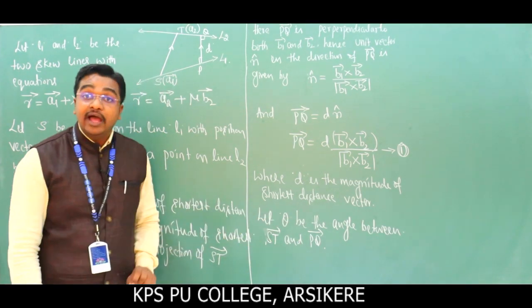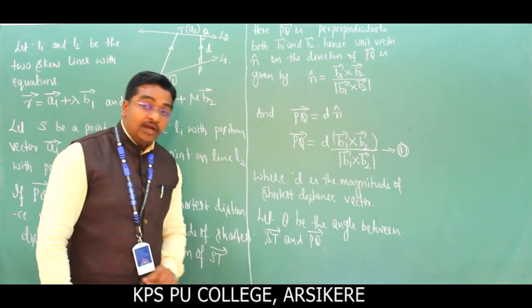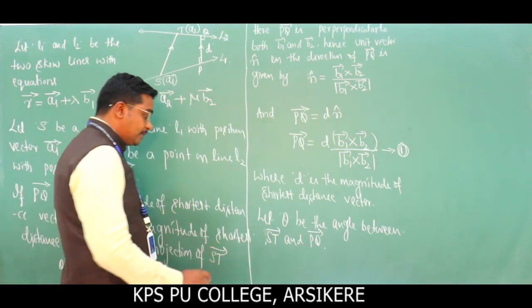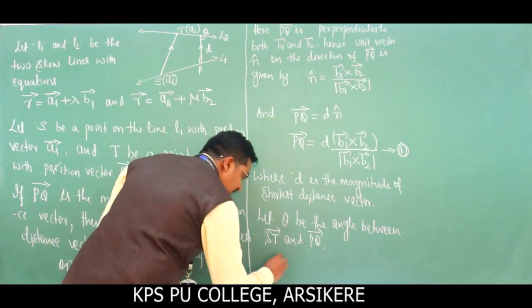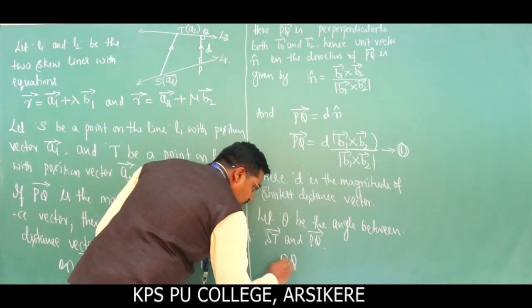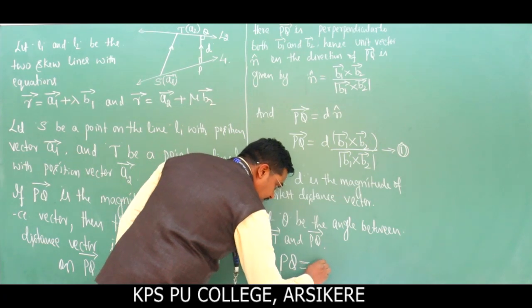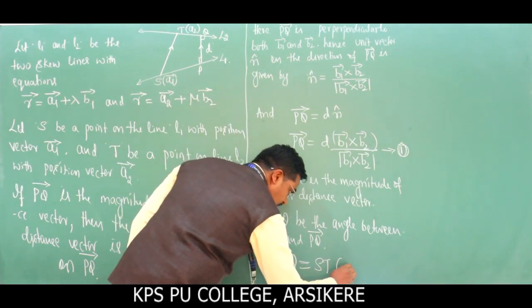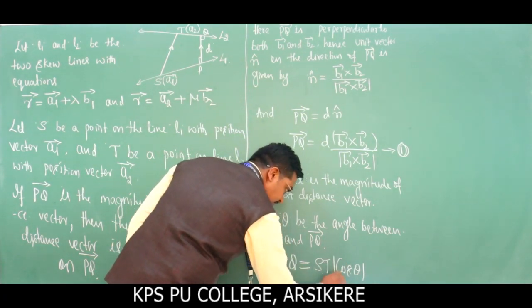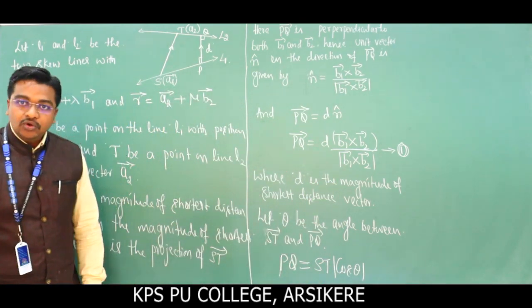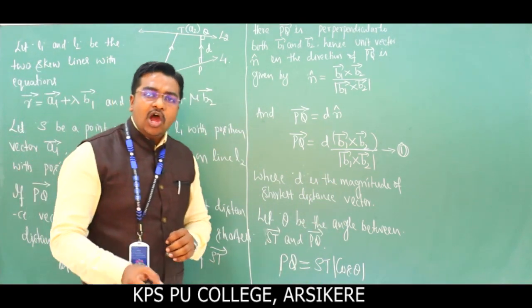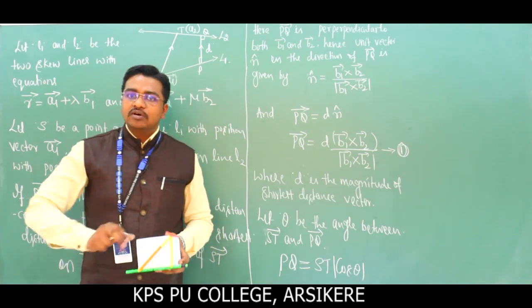Let theta be the angle between vector ST and vector PQ. Then, just observe here, PQ can be written as ST into cos theta. PQ is equal to ST into cos theta. How does PQ equal ST into cos theta?